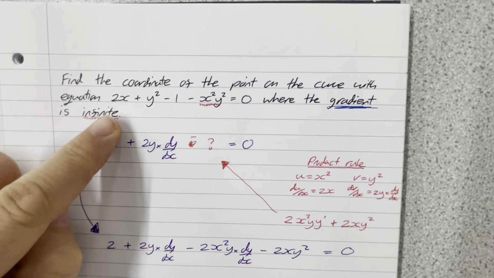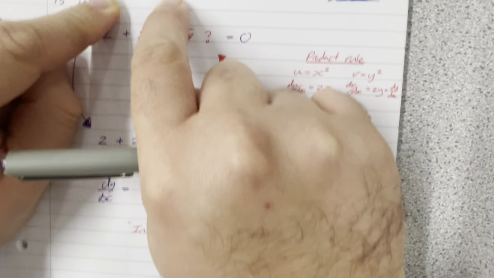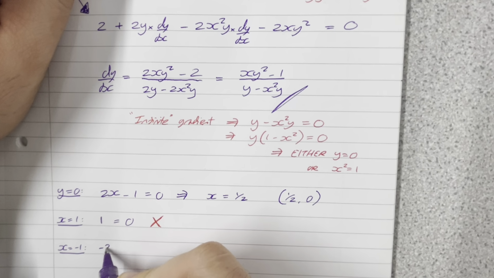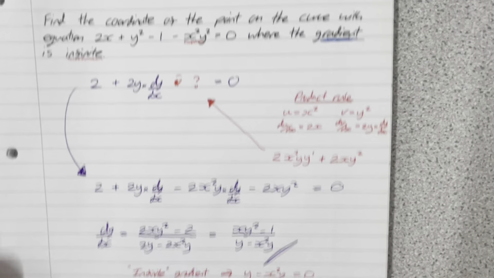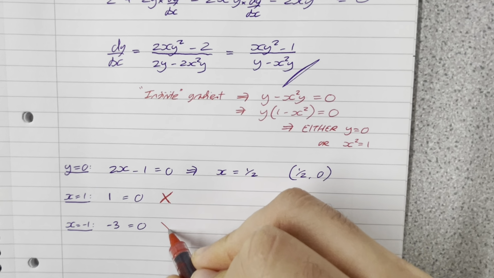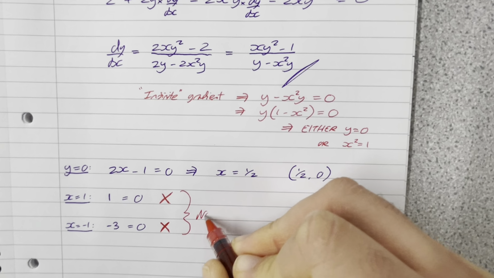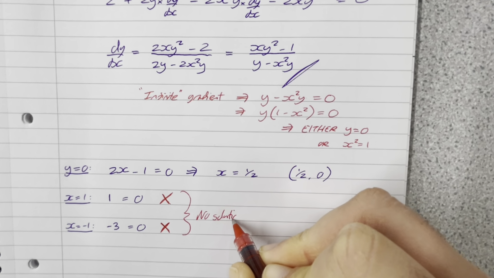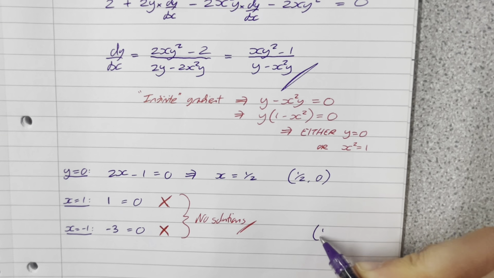If I plug in x is minus 1 into here, I'm going to get minus 2 minus 1, that's minus 3, and y squared minus y squared again, so they're going to disappear, and that's going to equal 0. Again, there's no solutions there because there's no values of y which make that equation true. So therefore, the only coordinate is a half, 0.